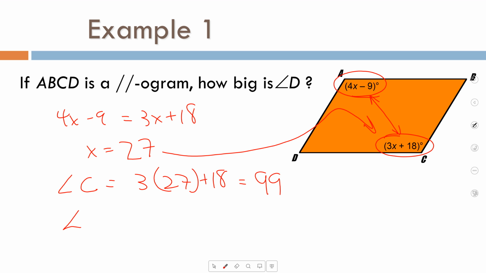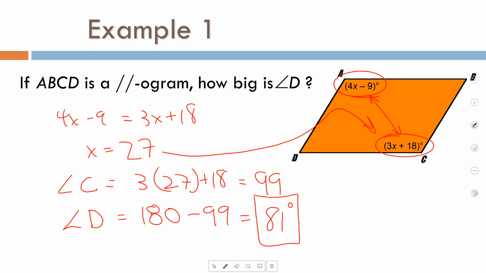So therefore, angle D is equal to 180 minus 99, which is 81. Lovely. Now we're done. Good. Well done. Let's give it up for Ryan.